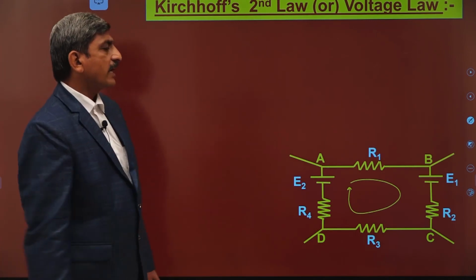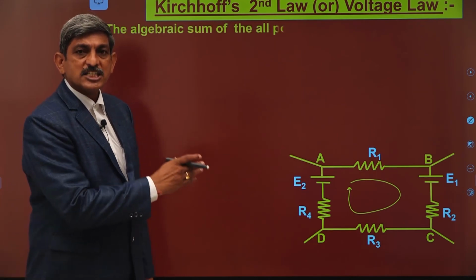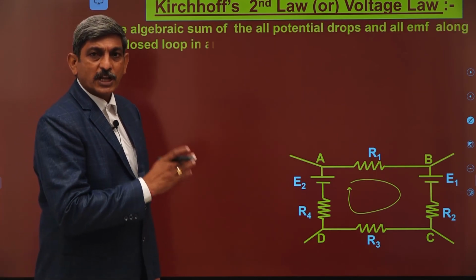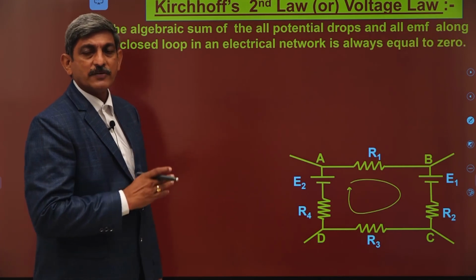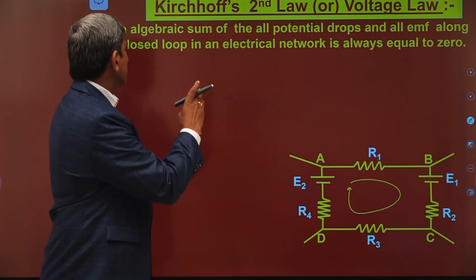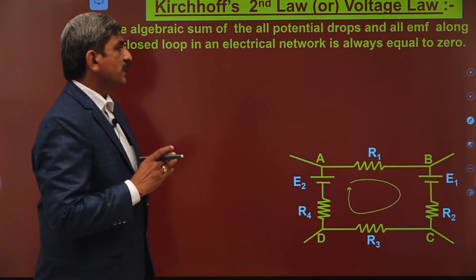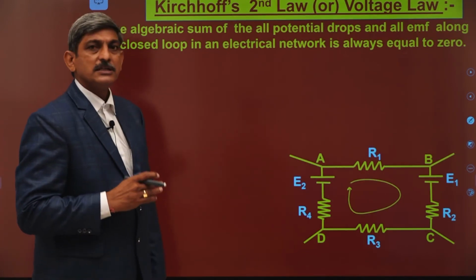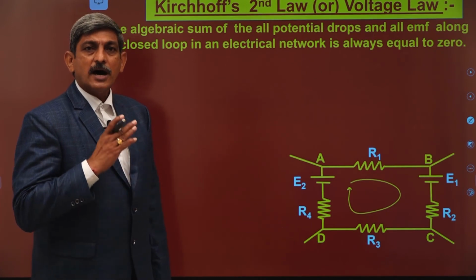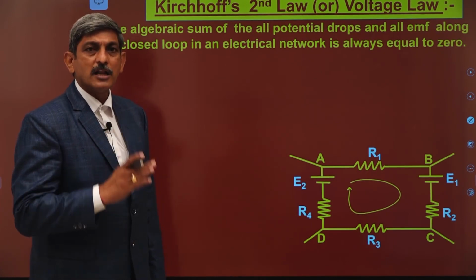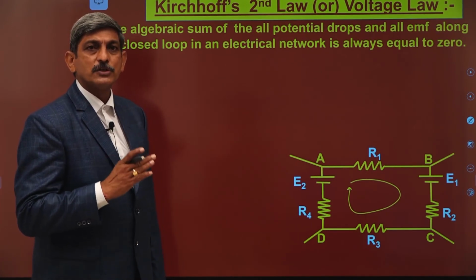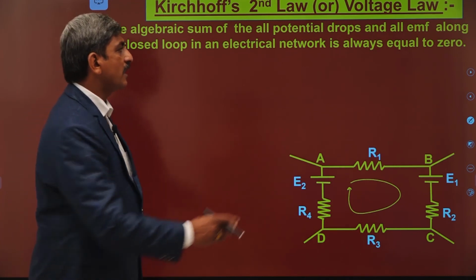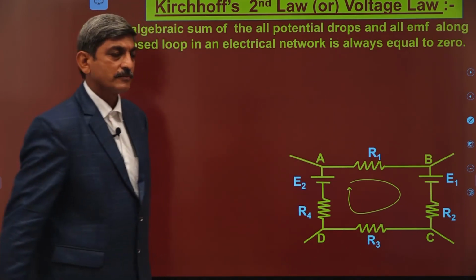Kirchhoff's second law states that the algebraic sum of all potential drops and all EMFs in a closed loop in any electrical network is always equal to 0. I am repeating, the algebraic sum of all potential drops and all EMFs in any closed loop in any electrical network is always equal to 0.